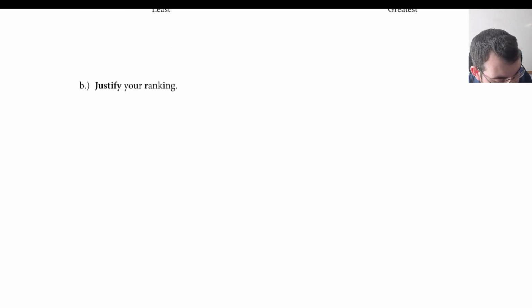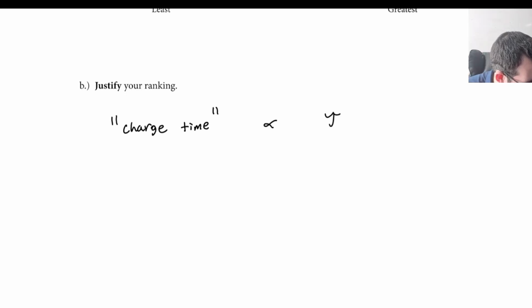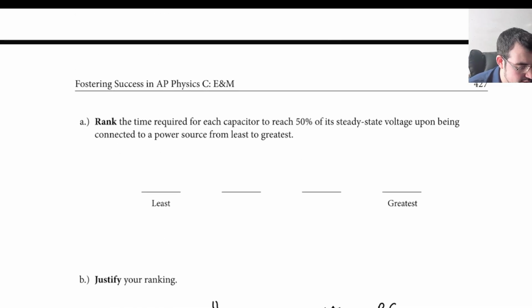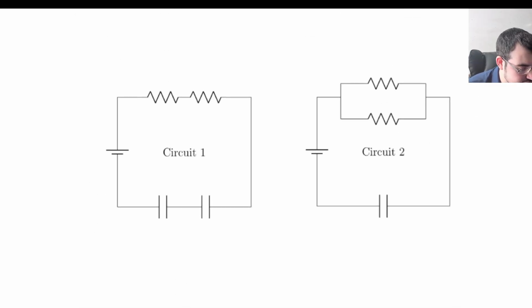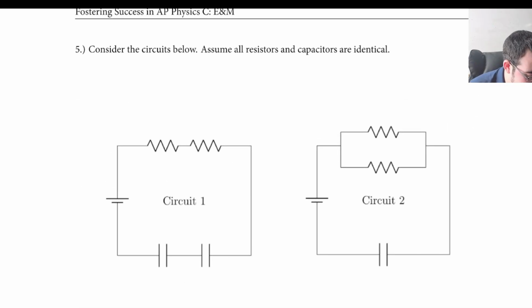So we're looking at charge time, which is going to be proportional to tau, which is equal to RC. We're just trying to find RC for each of these circuits, and we're going to rank them. We'll do all our work on the front. All right, circuit 1.